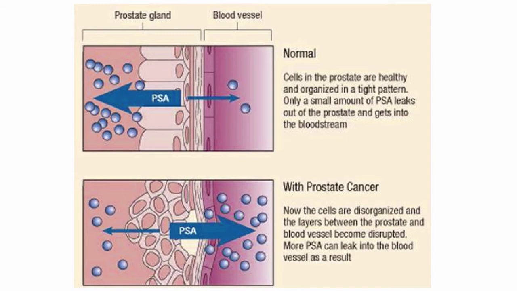However, with prostate cancer, cells become disorganized. We'll talk about that. The layers between the prostate and the blood vessels become disrupted, and more of this prostate-specific antigen can leak out into the blood as a result. A PSA test measures the amount of these antigens that are found in the bloodstream.